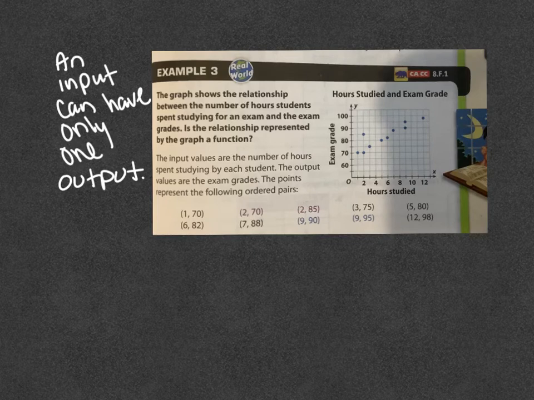So I have this graph here and all of its points. 1 on the x turn goes 70 on the y, 2 on the x turn goes 70 on the y. So what I'll find is I have a 2 here as my input, and I have a 70 output and an 85 output. This is the same input. And if it was a function, I'm saying that I'm running it through the same calculation.